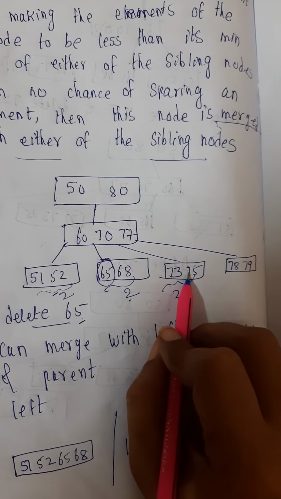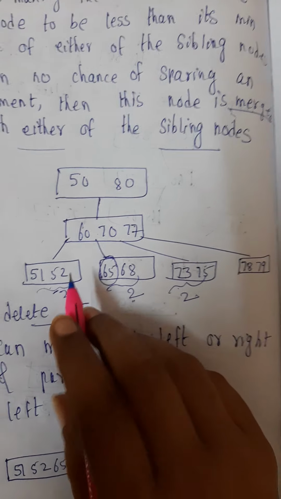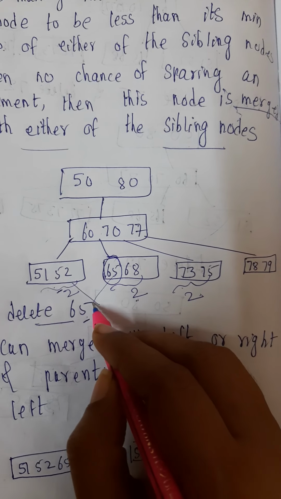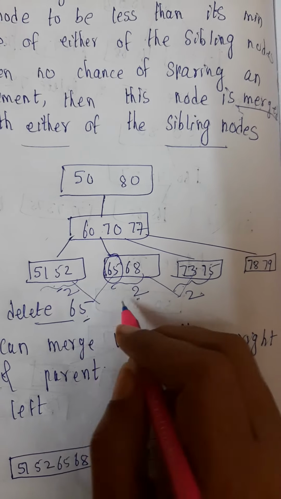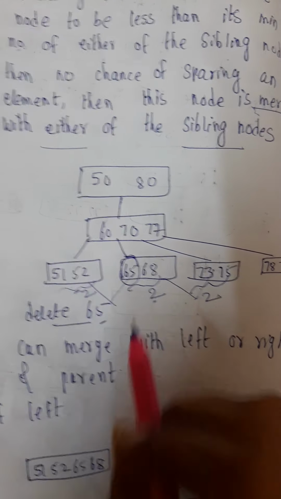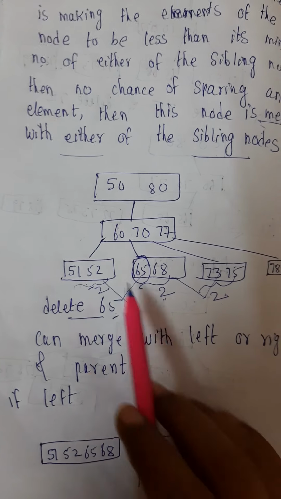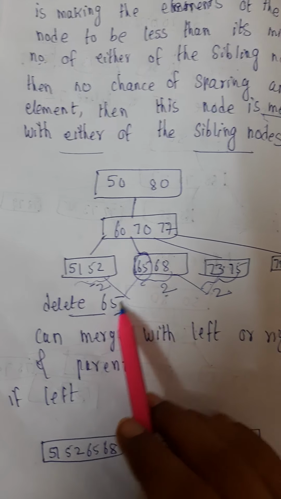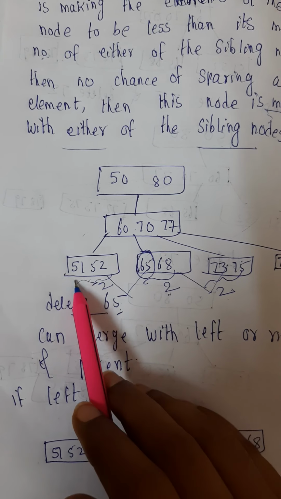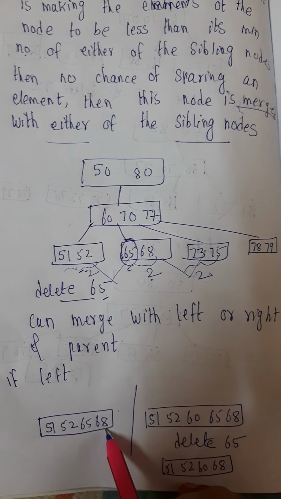In that case, we have two options here. Either we can go with merging with the left, or we can go with merging with the right. First we will see merging with the left. We can merge with the left or right and the parent. These two nodes, let us merge them. When you merge 51, 52, 65 and 68, these are the things you get.